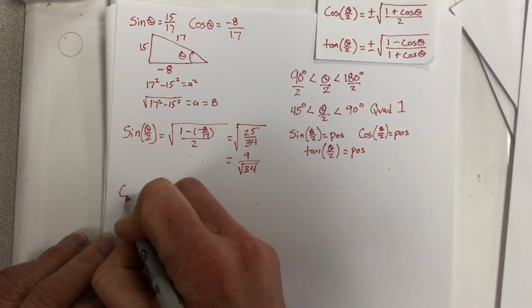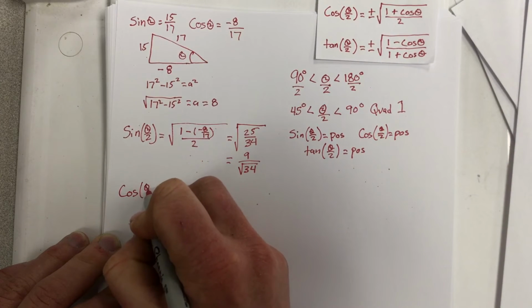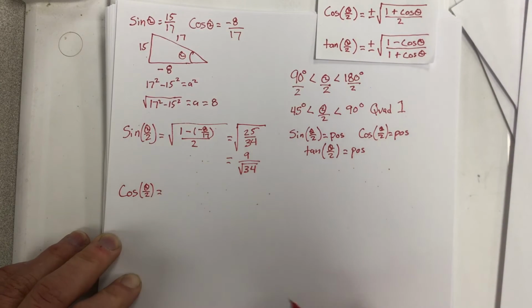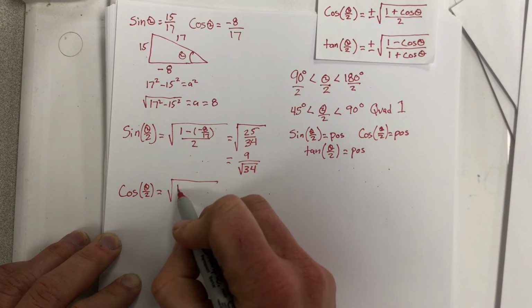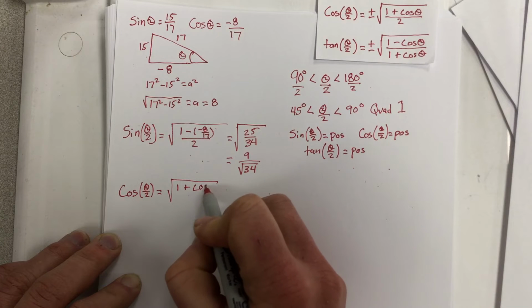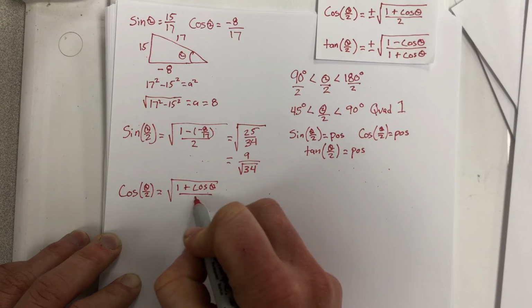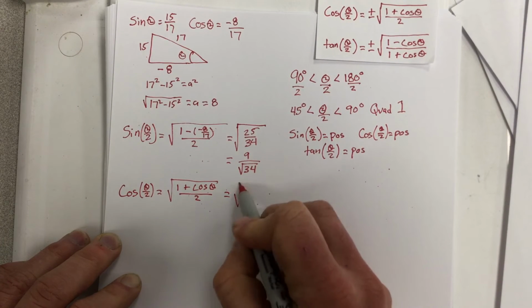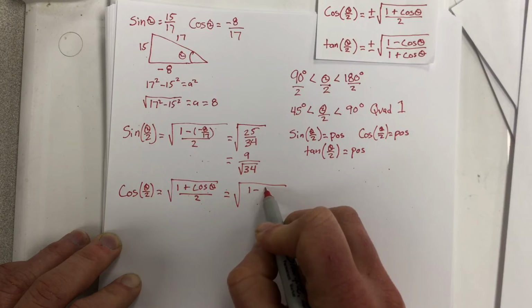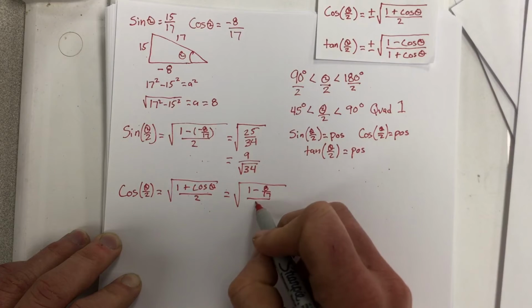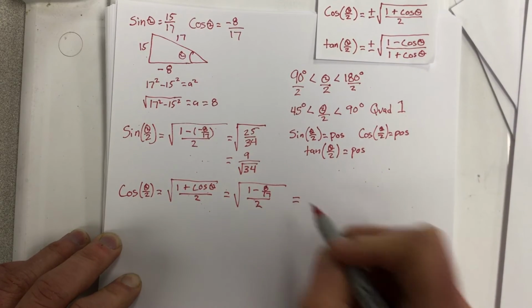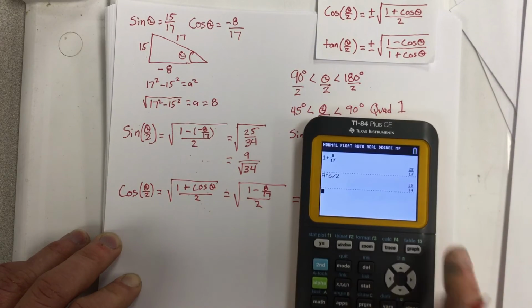Now I'm going to do cosine of theta over 2, which is equal to the root of 1 plus cosine theta over 2, which is going to be the root of 1 minus 8 over 17, because I throw in that negative 8 over 17 for cosine. Let's use that calculator again.